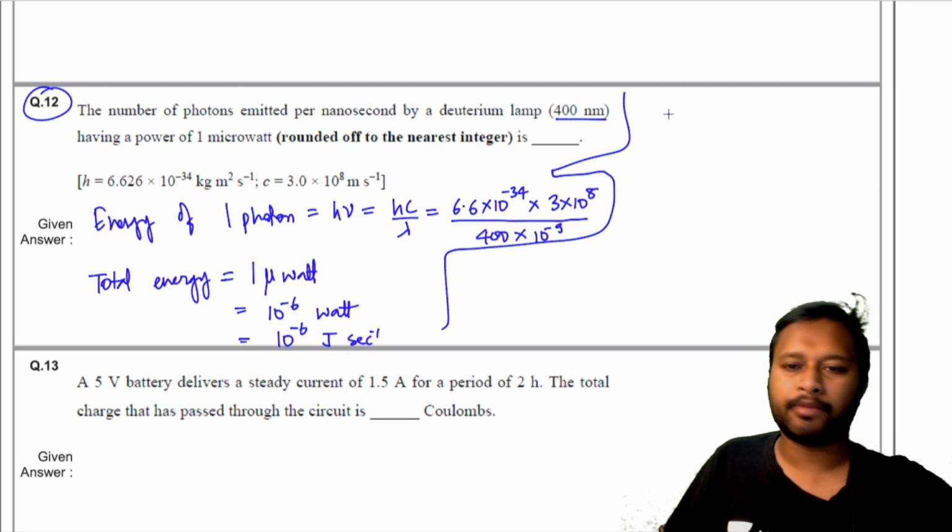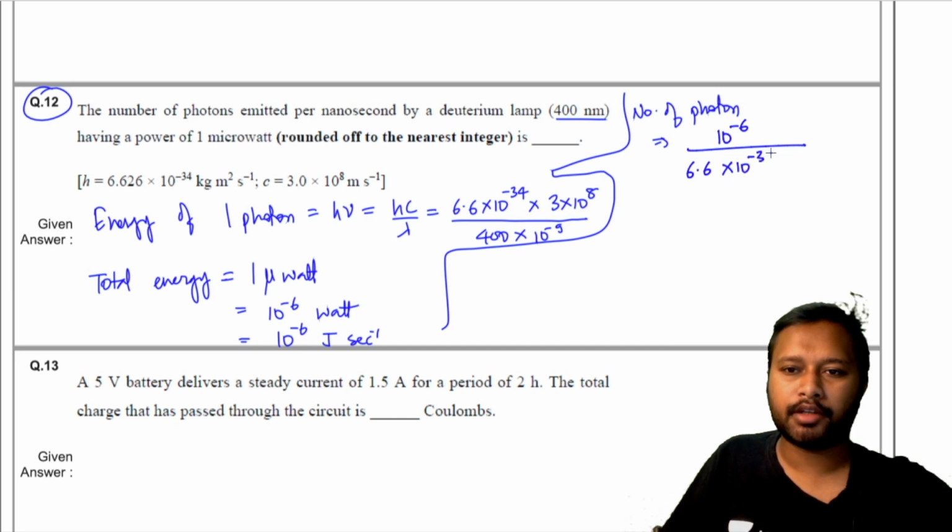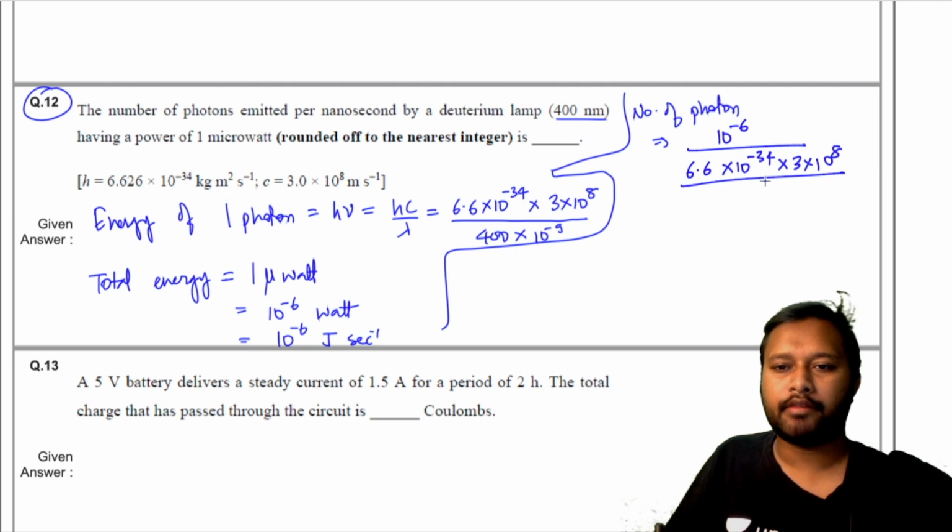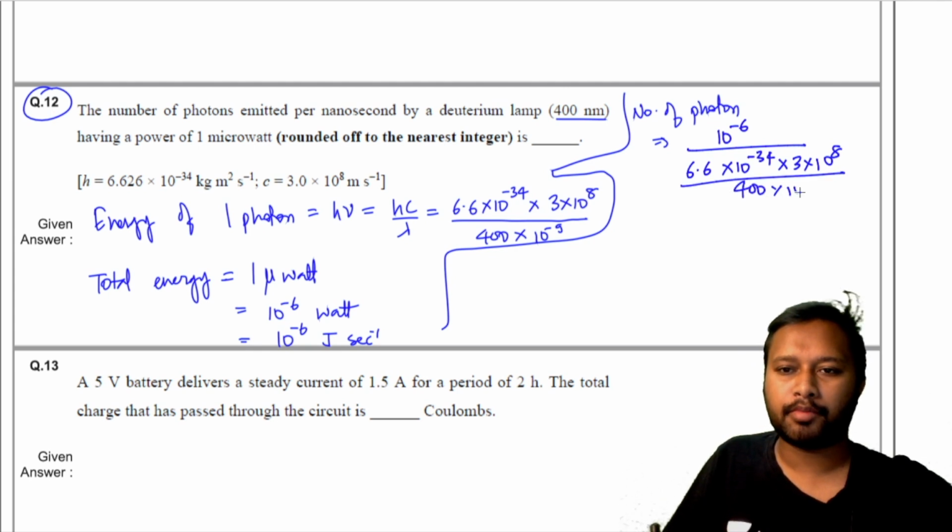You just have to divide the total energy by the energy of one photon. So number of photons is 10 to the power minus 6 divided by 6.6 into 10 to the power minus 34 multiplied by 3 into 10 to the power 8, divided by 400 into 10 to the power minus 9. On solving this whole thing you will get 2012.37 divided by 10 to the power minus 9.